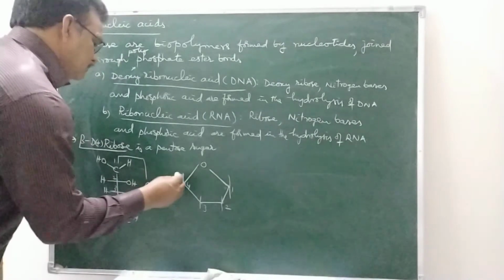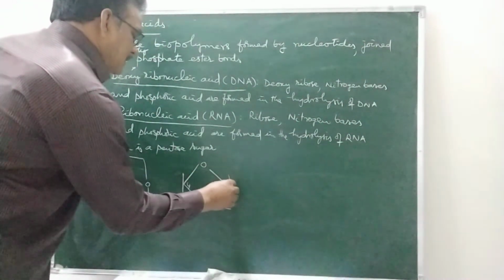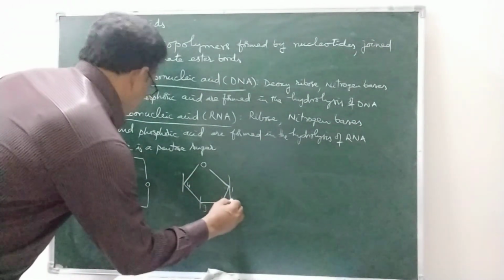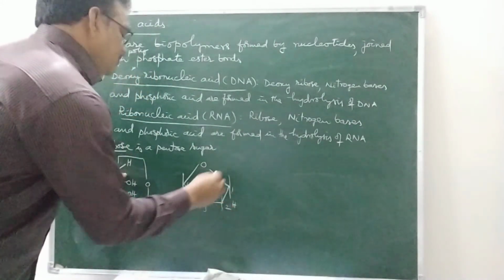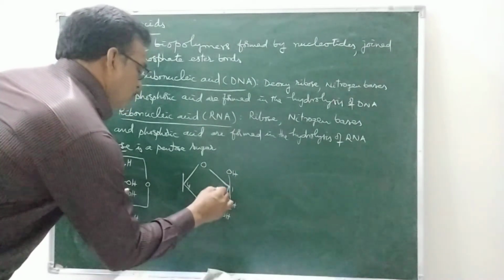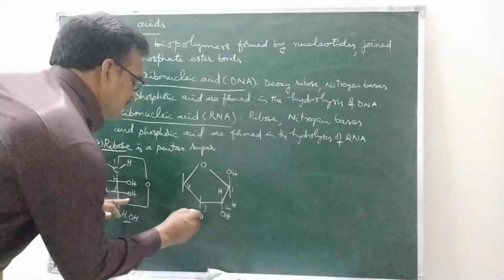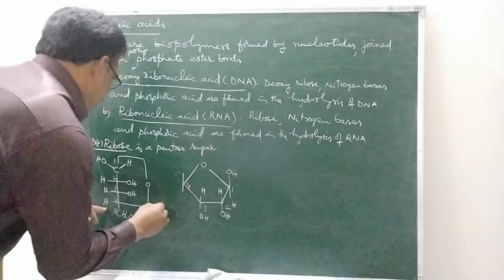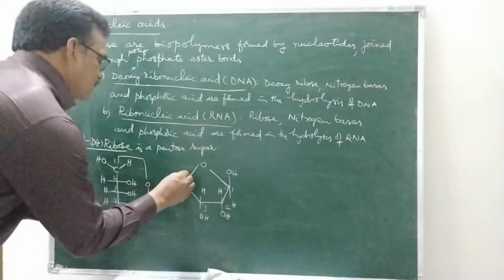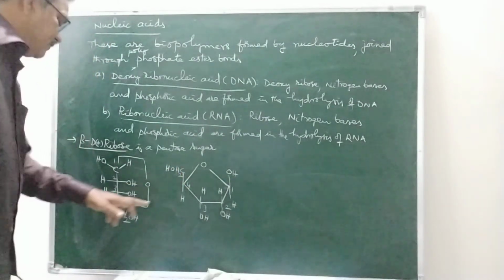At the first carbon, hydrogen is present on the right hand side. So right hand side groups are written at the bottom. So H, OH. Next, OH should be written at the bottom. H. Here also OH should be written at the bottom. That is OH, H, and the remaining hydrogen is written at the bottom, and the 5th carbon will be in the form of primary alcohol, that is CH2OH.